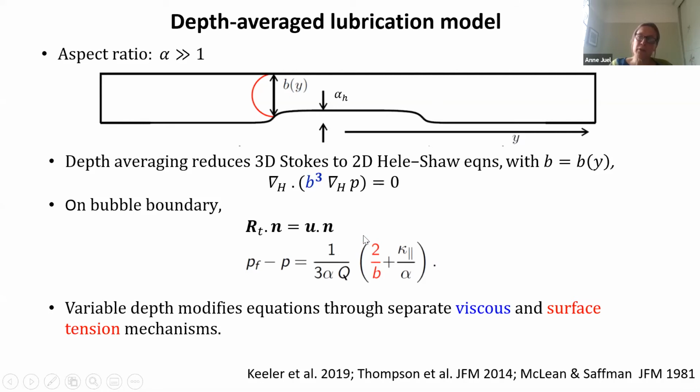The dynamic boundary condition here includes the effect of the cross-sectional curvature, which in our system varies as you go across the channel and as you hit the depth perturbation. So essentially, it's a slightly generalized Hele-Shaw equations where the depth of the channel has a prescribed spatial variation.